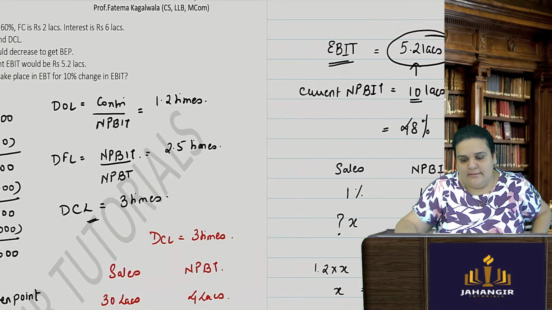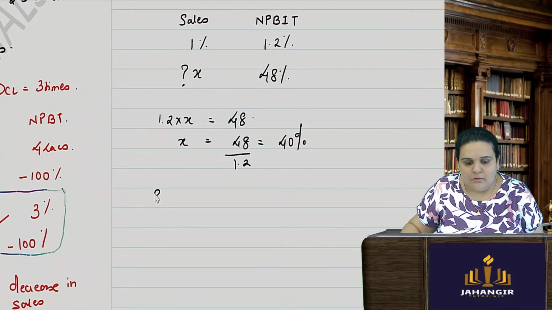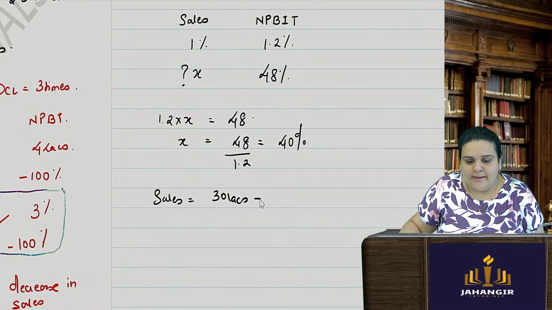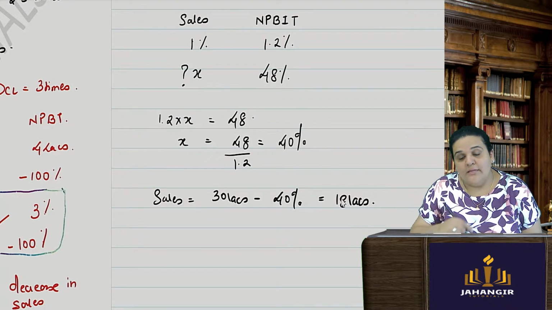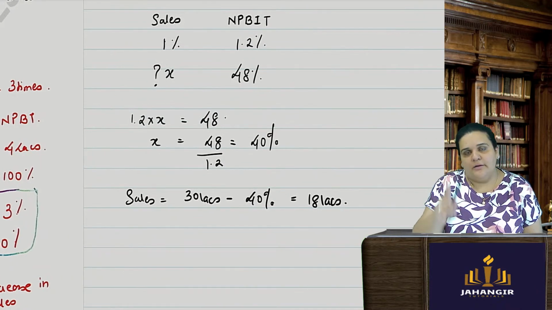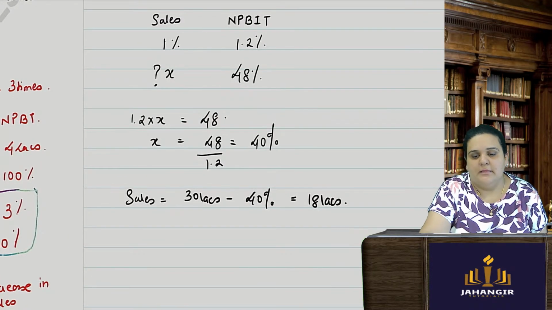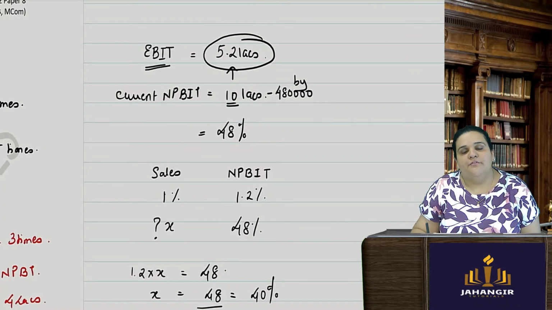It will become 18 lakhs now. So you can even reconcile it later on. You can put this 18 lakhs in your income statement and see that your NPBIT will become 5,20,000.